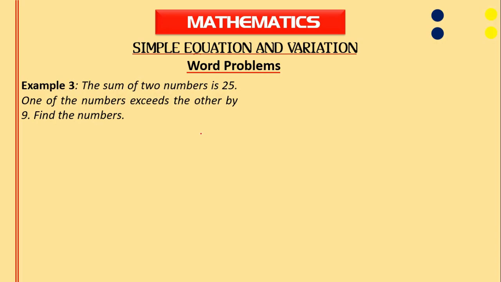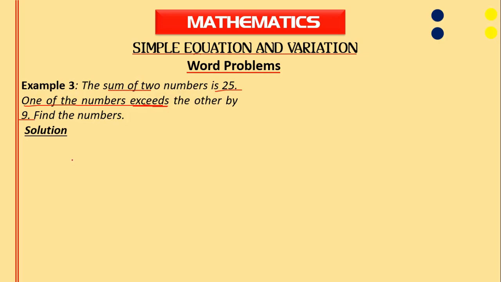Okay, what we do is, if you are to find the two numbers, we have been provided with a lot of clues in the question. We were told that the sum of the two numbers is 25, and also one of the numbers exceeds the other by 9. Okay, so meaning if one number is a, the other one will be a plus 9.